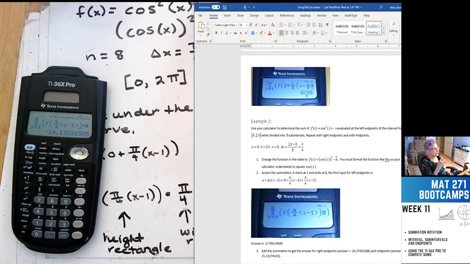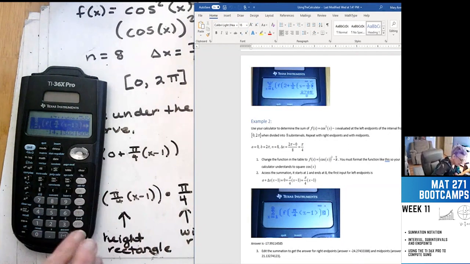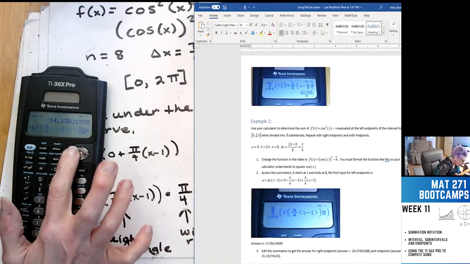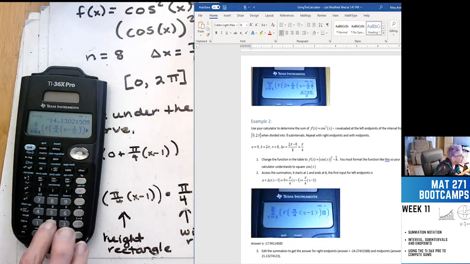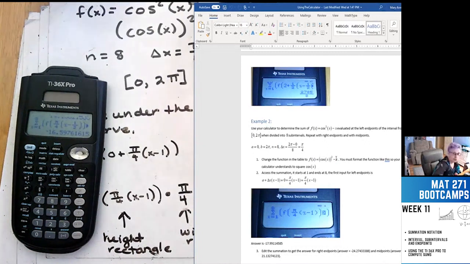Yeah, it did. Sorry. Awesome. So now that you've got it, you can go up here, arrow over, change that 1 to a 1/2, and get your midpoint estimate.